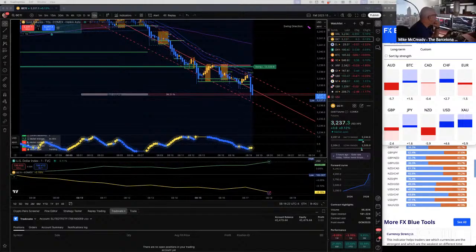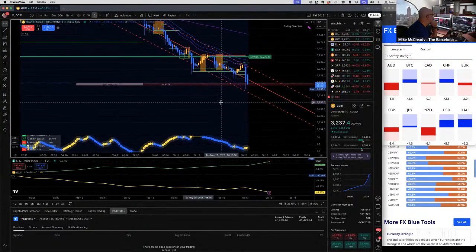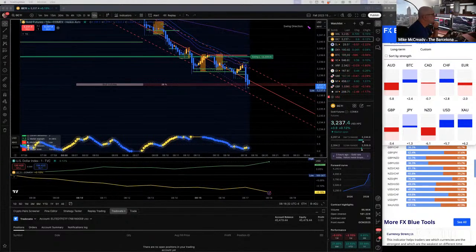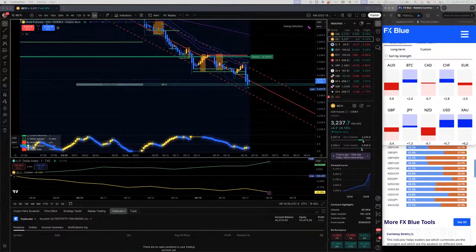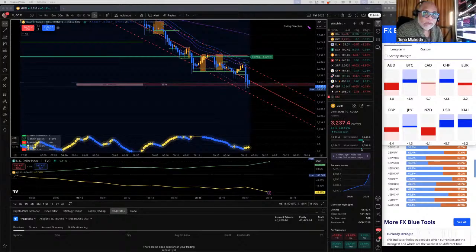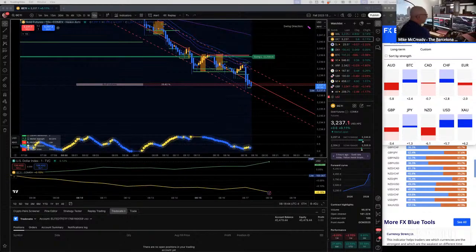Oh, here we come. All right, bounce off this a little bit. Mentally preparing for a sell. There's a resistance on the pivot chart at 34, though. Yeah, we don't have a lot of room, but a little bit.